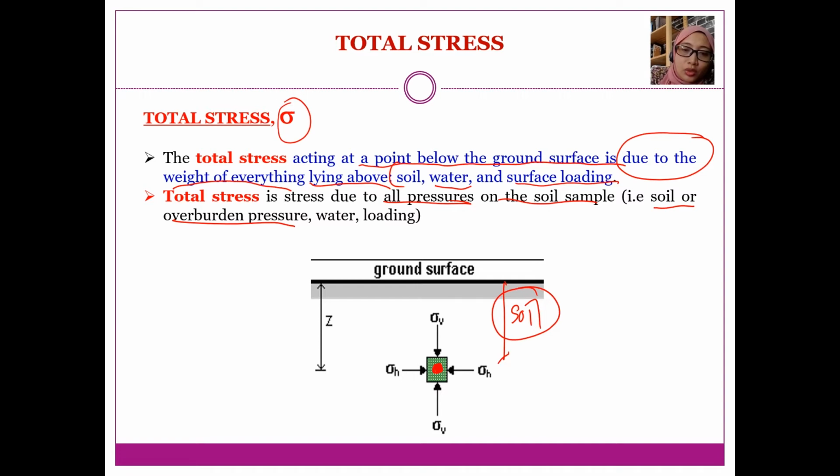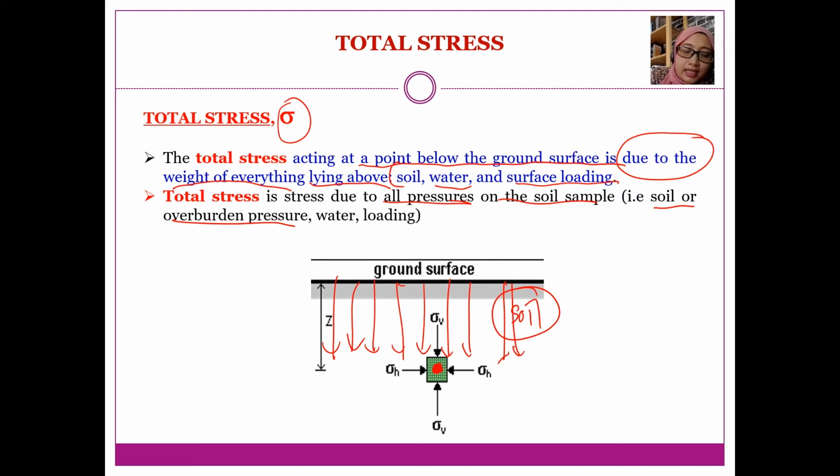The weight of the soil itself above this point is called the overburden pressure.